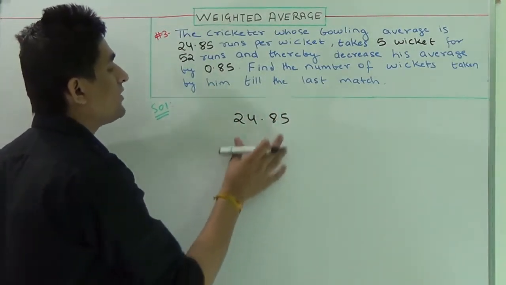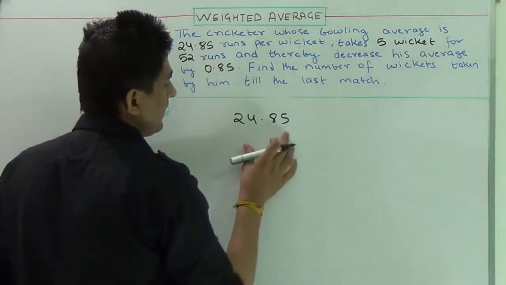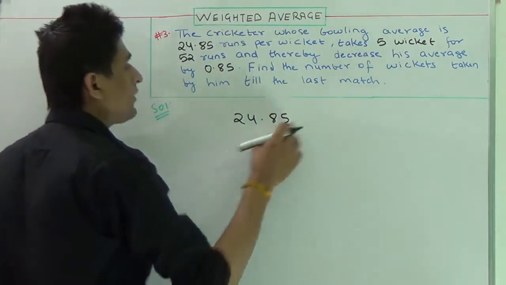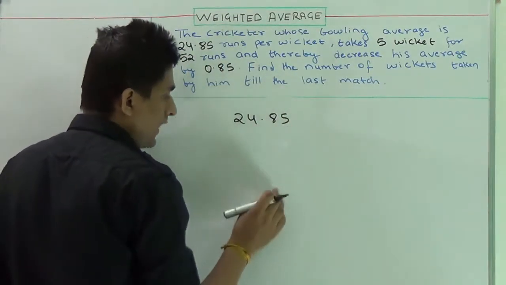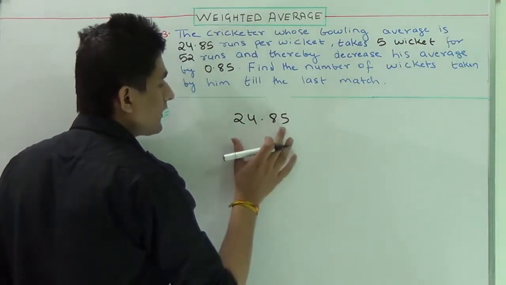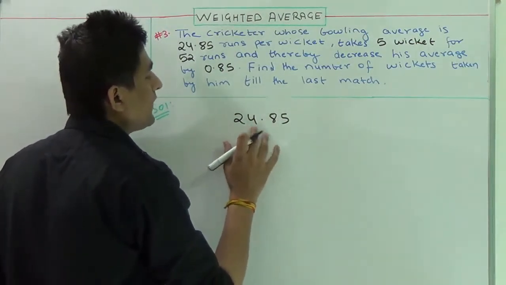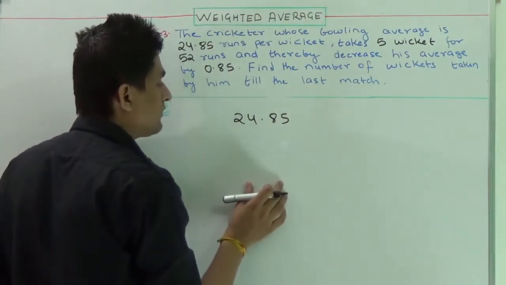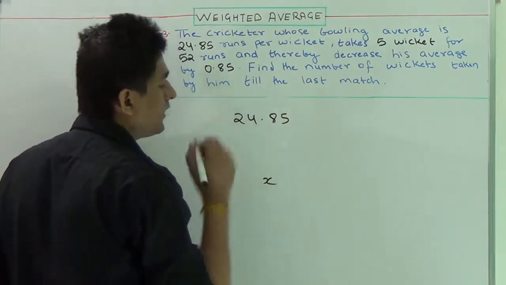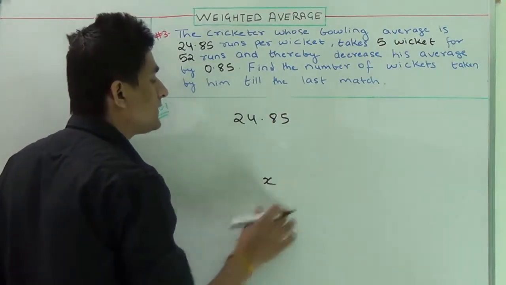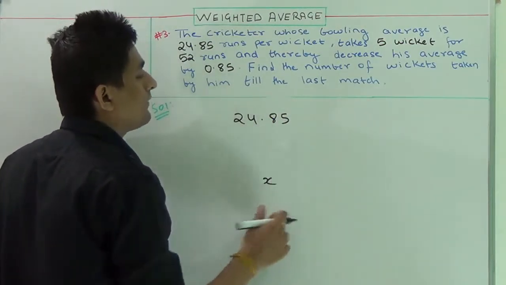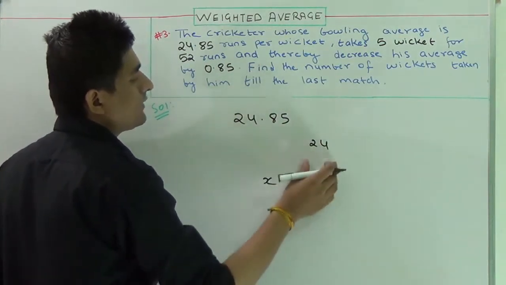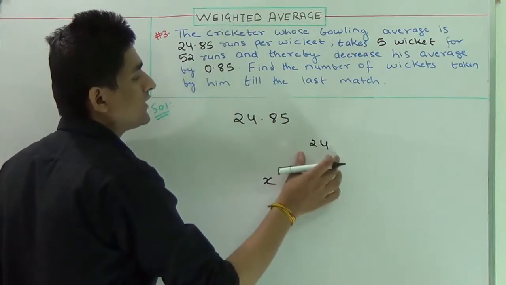This was the earlier average before he played the last match, and we have to find the corresponding wickets. This is 24.85 runs per wicket, so the corresponding observation will be in terms of wickets only. So I can say he took x wickets when his average was 24.85, and now his new average is 24, because it has decreased by 0.85. Therefore the new average after the last match is 24.